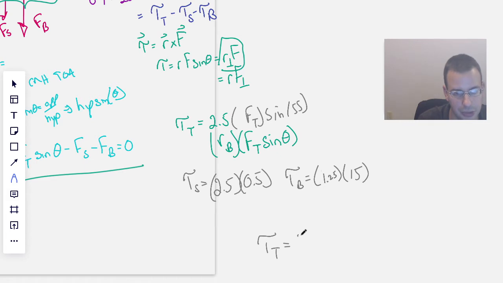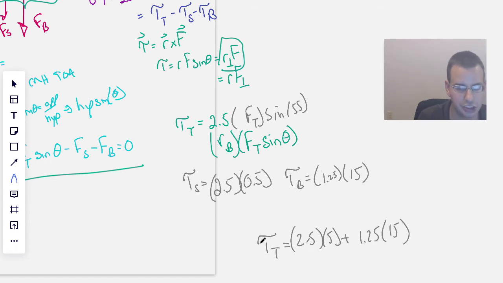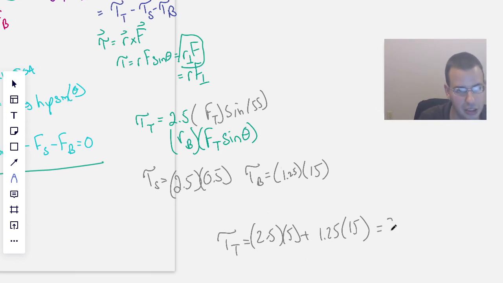Both are completely legitimate. 2.5 times 0.5 plus 1.25 times 15 is the torque, and that equals 2.5 times the sine of 55 degrees times force tension.